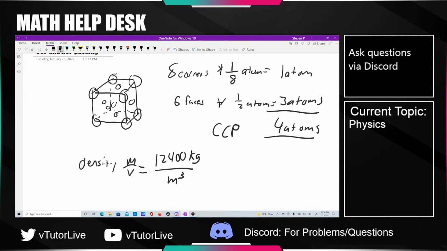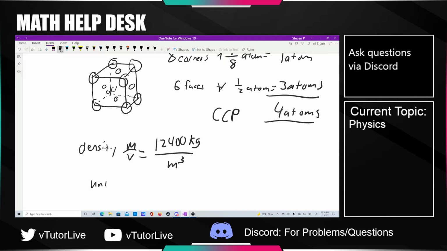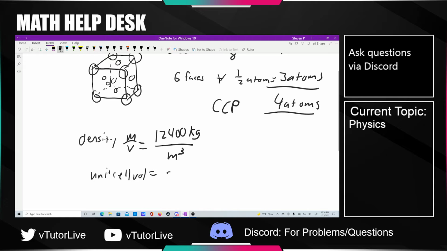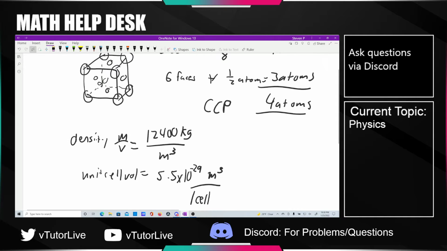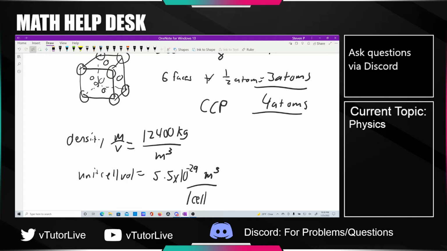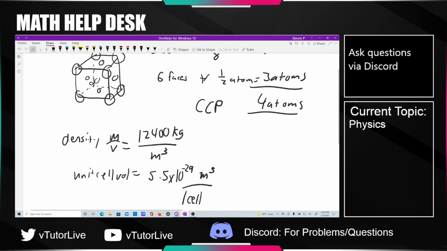And the unit cell volume is equal to 5.5 times 10 to the negative 29th. What is that, meters cubed per one cell, I guess. That's the size of one cell. Or if it's not one cell, it's just meters cubed.